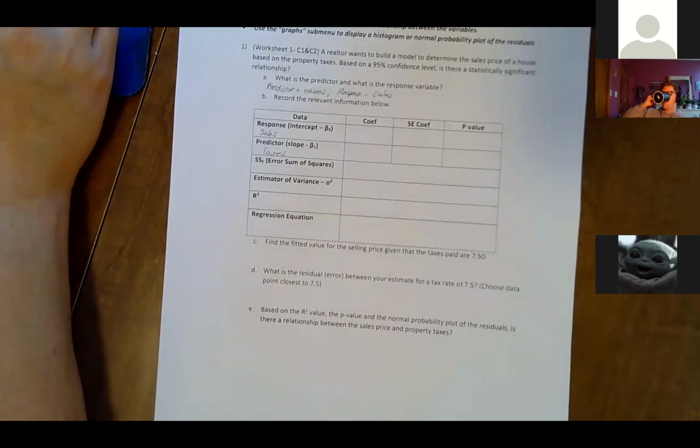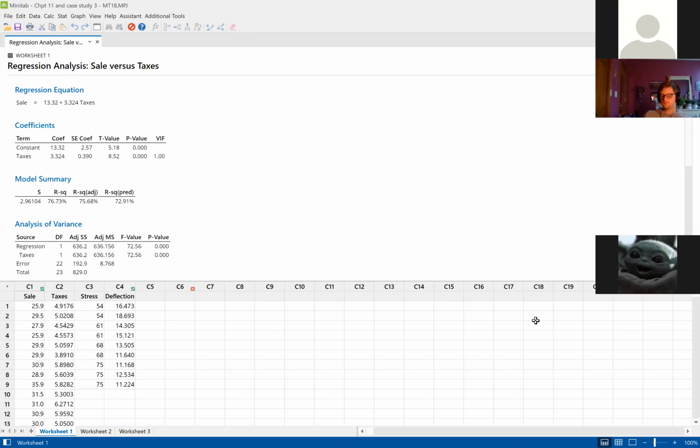So I'm going to switch back to my Minitab so that we can fill this in. Switching back, my regression equation is 13.32 plus 3.324 times taxes.